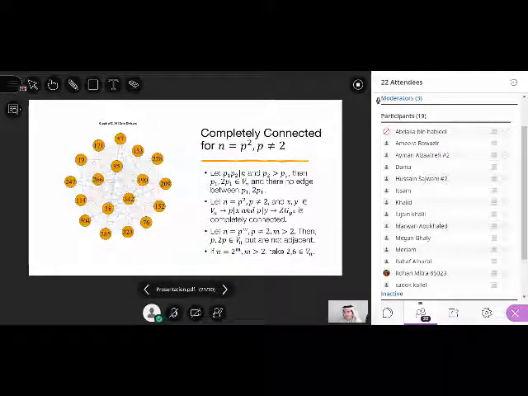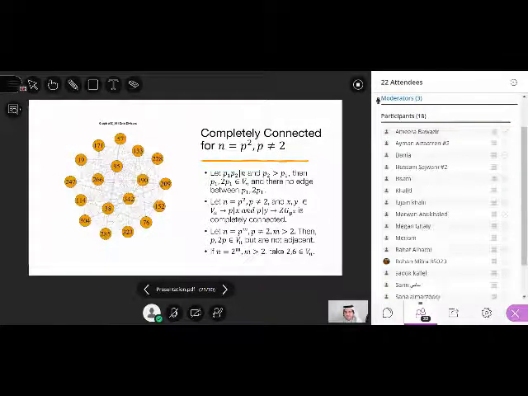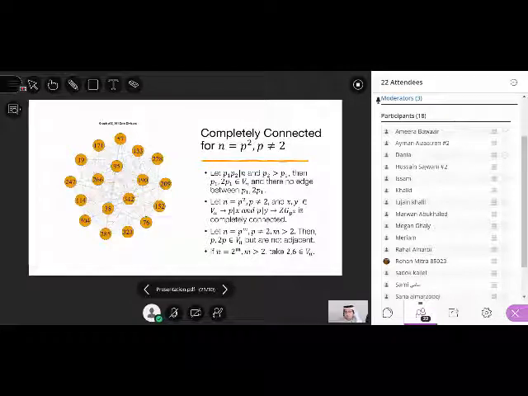But their product will never be 0 mod n in the case of 2 to the power of m. So we realize that it's completely connected if and only if n is equal to p squared and p is not equal to 2.